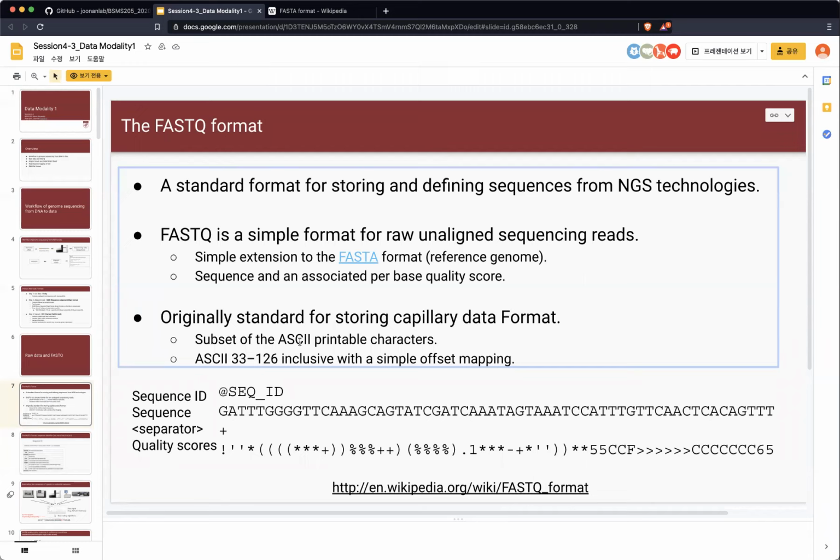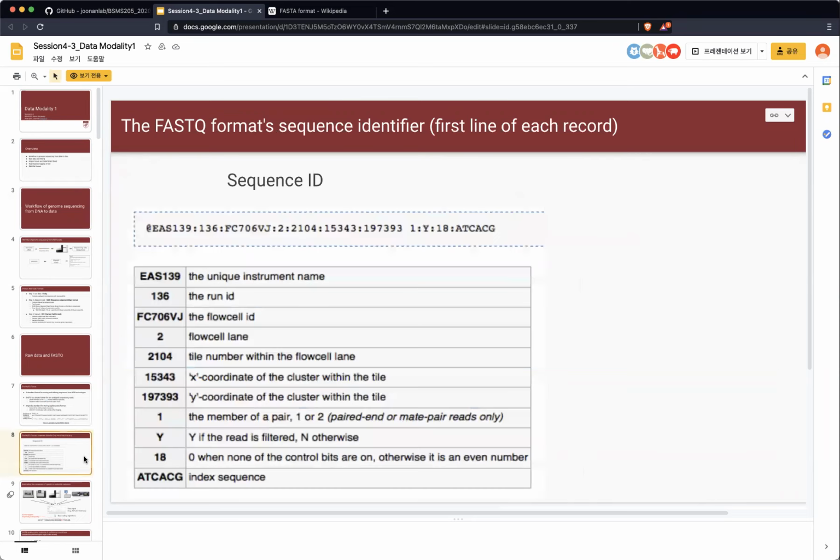And of course, you don't have to memorize all of these ASCII symbols for the certain scores, but you have to understand we use the ASCII character for the single nucleotide representation, right? Okay, so that is the basic notion of the Fastq information.